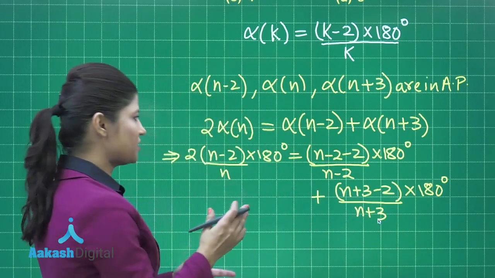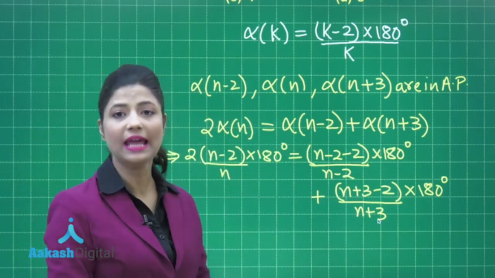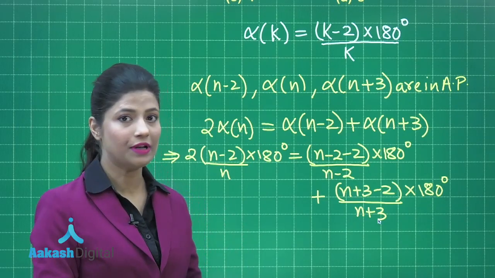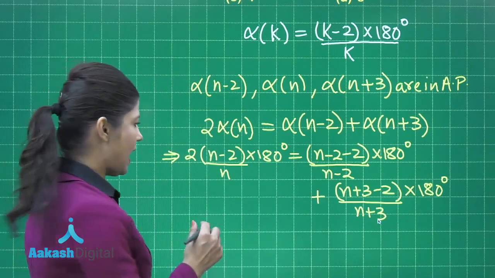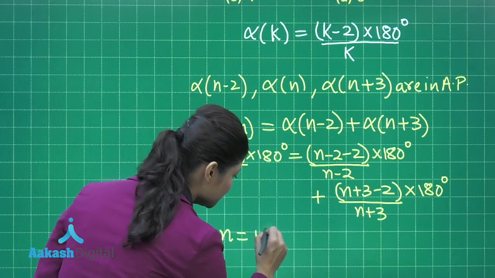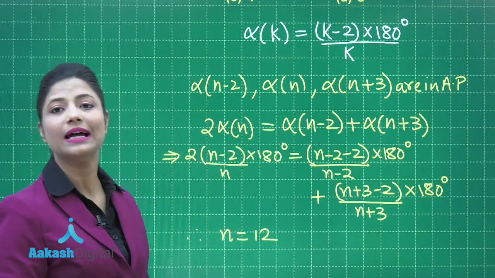So this is an equation obtained in terms of the variable n. When you solve this equation, you will get here the value of n, where n is greater than 4. And on solving this, you obtain that the value of n is equal to 12. You will find that n is equal to 12.